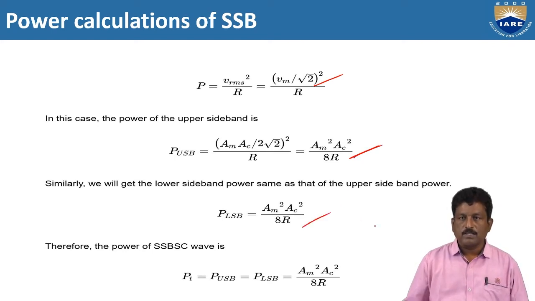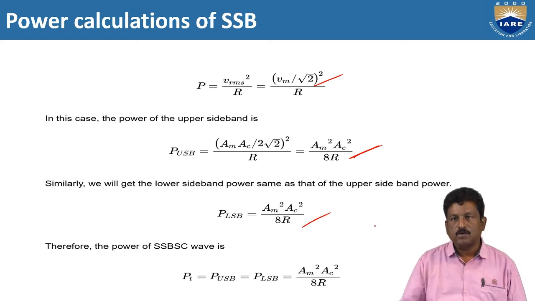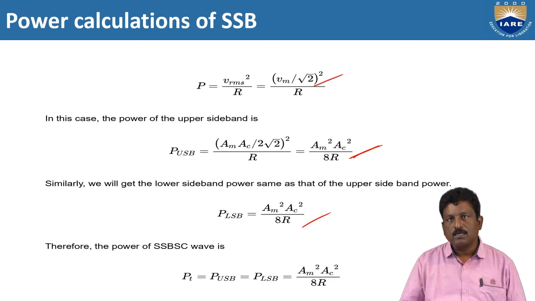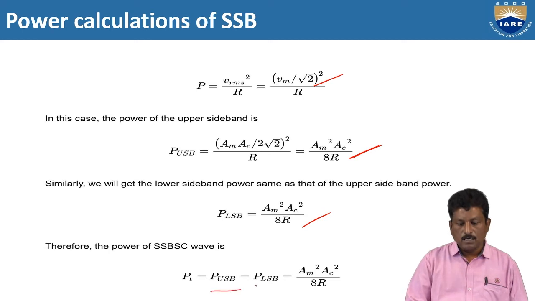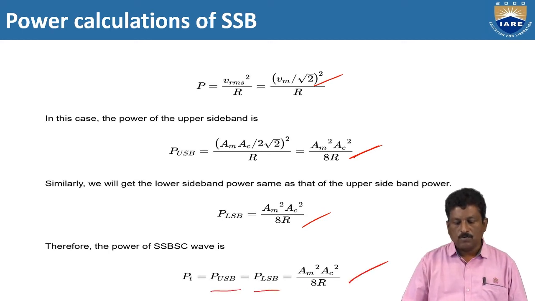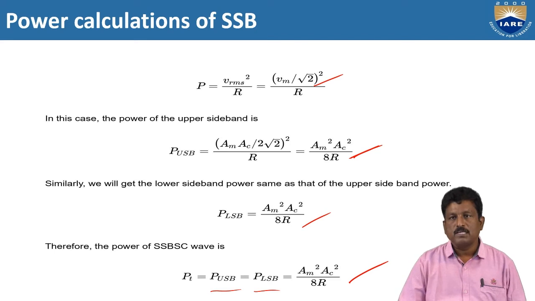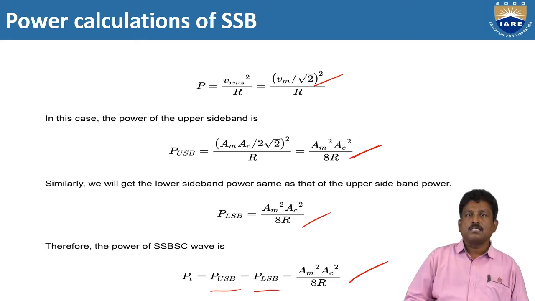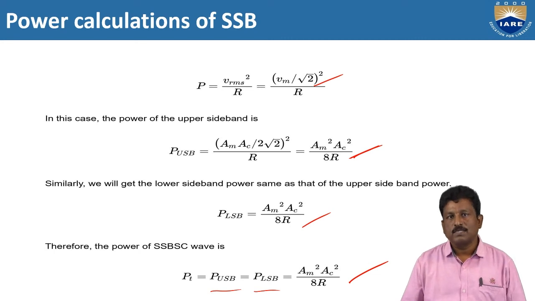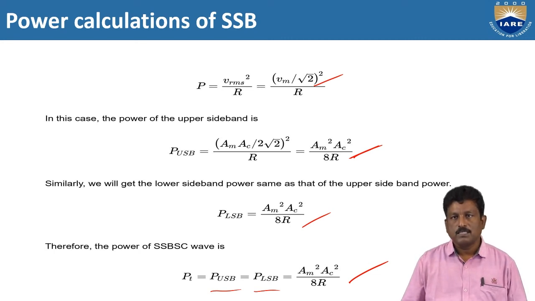Similarly, you are going to get for the LSB AM square AC square by 8R. So overall, the total power requirement for the transmission of the single sideband modulated wave, PT, is equal to PUSB or PLSB, which is AM square AC square by 8R only. So these are the fundamental mathematical expressions for the calculation of the power in case of the SSB modulation.